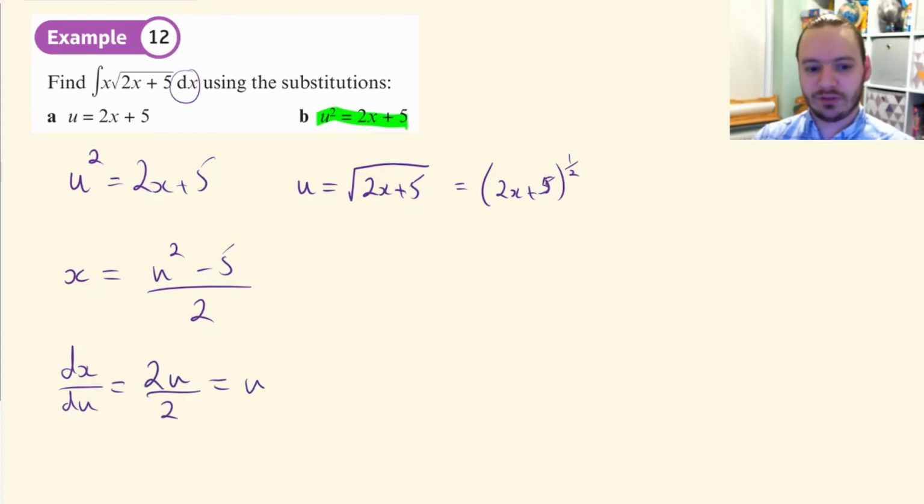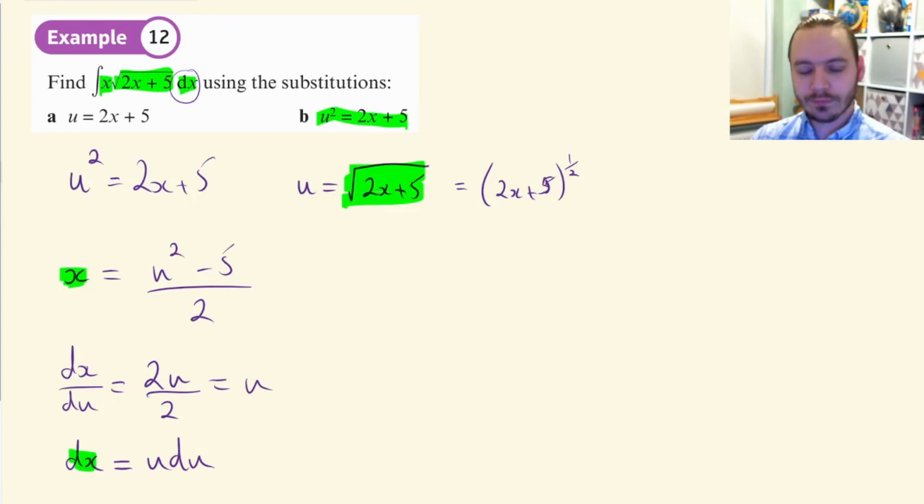Oh, that's just u. And that gives us that dx equals u du. So now I think I have all the tools I need, because I know what root 2x plus 5 is, that's just here. I know what x is, that's just here. And now I know what dx is, that's just here.